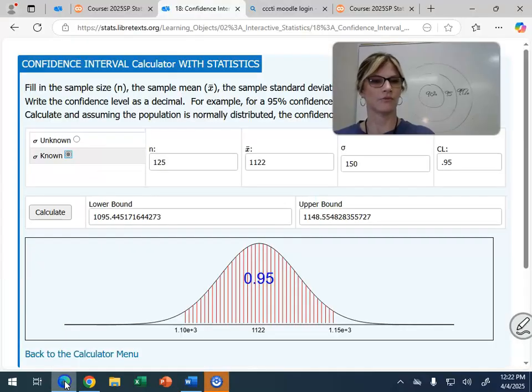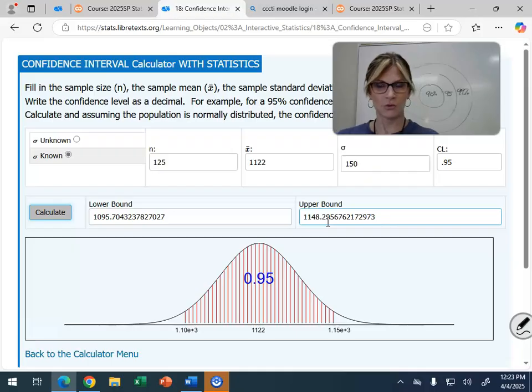Okay, here we go. Sigma is known, so make sure you check that first. We have 125 in our sample. So we get like 1095.7 to 1148.2. You can't have part of an SAT score, so round it off till it makes sense.